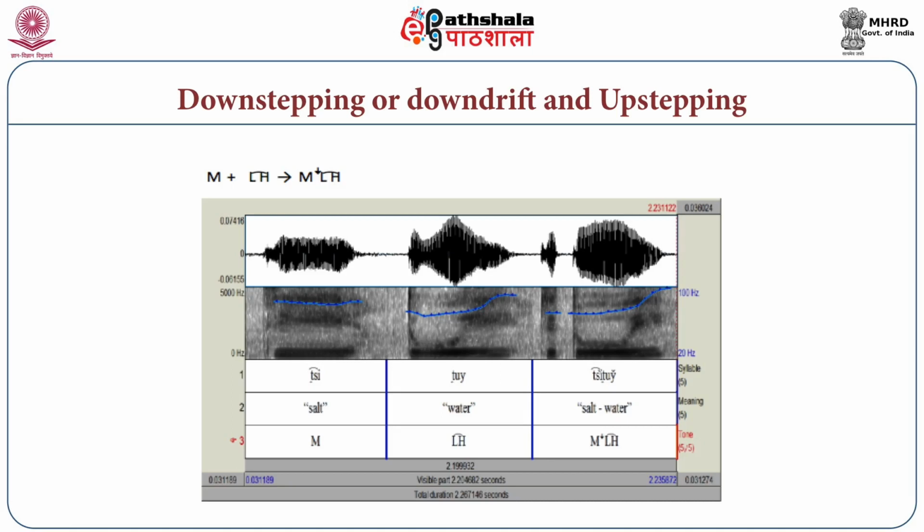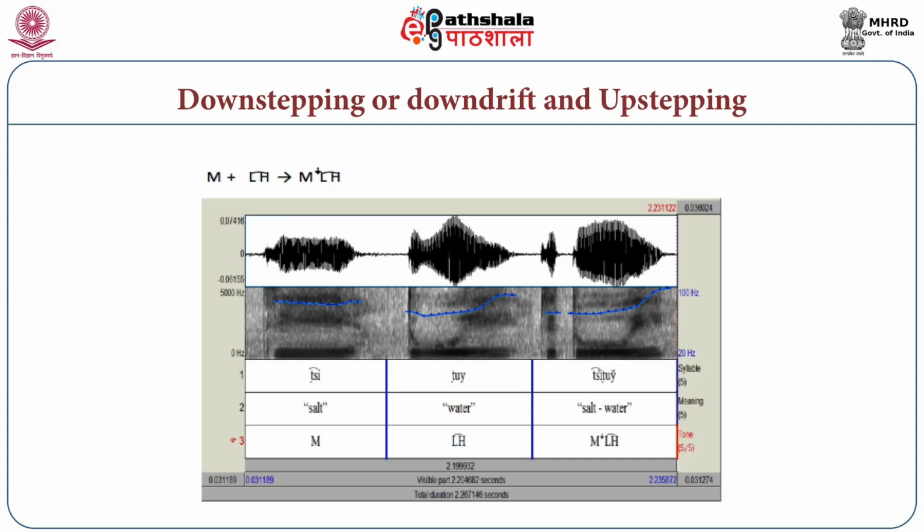We notice the difference here in the pitch tracks. For the first word for salt, we have a fairly high level of tone that represents the mid-tone here. And for water, we have a rising tone from a lower level to a higher level.